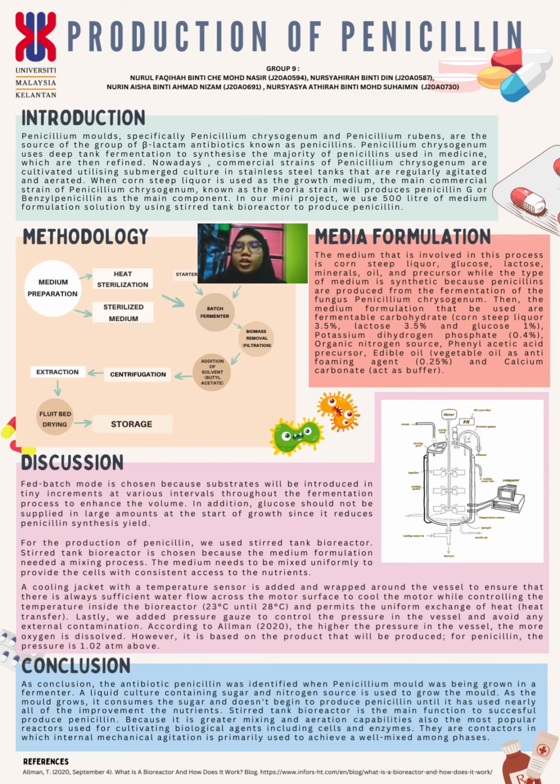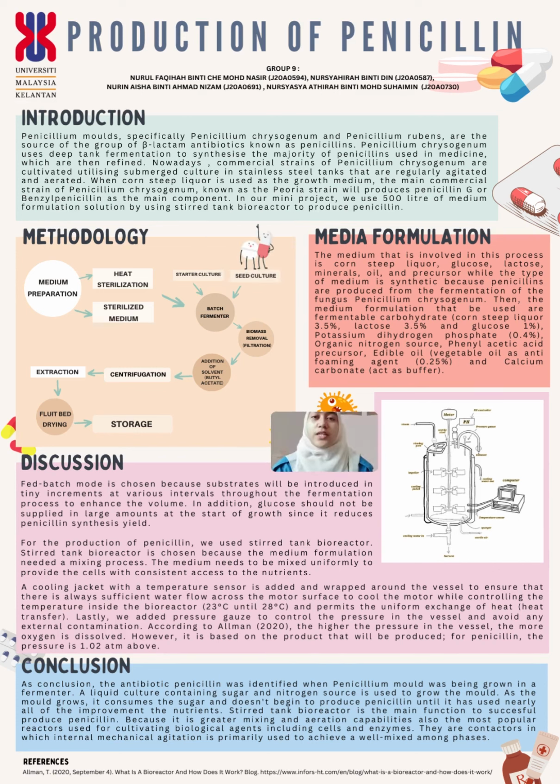And then we also use an organic nitrogen source, phenylacetic acid as precursor, and edible oil like vegetable oil as anti-foaming agent, and we use 0.25%. And the last one is calcium carbonate. The function of calcium carbonate is to act as a buffer.